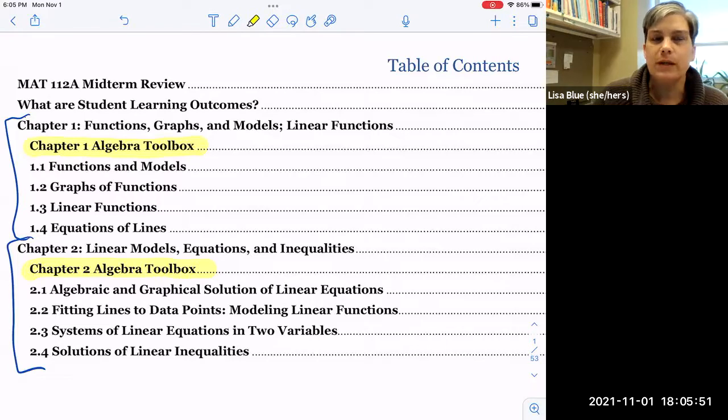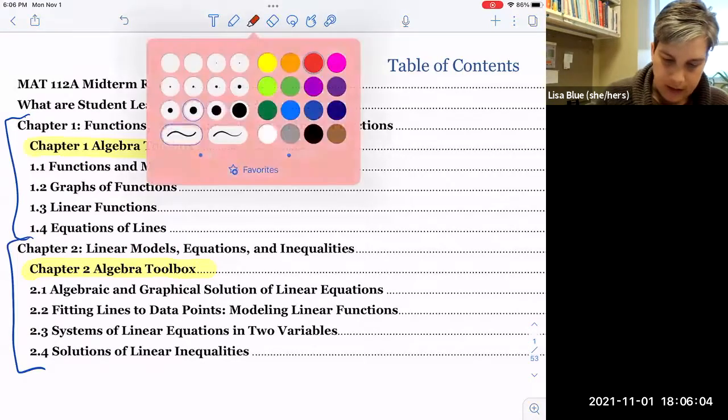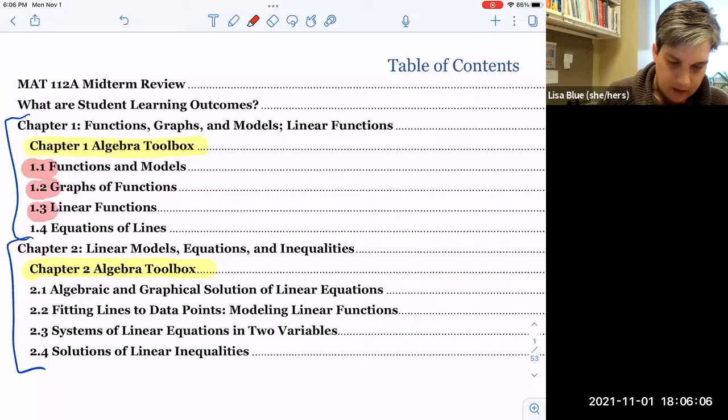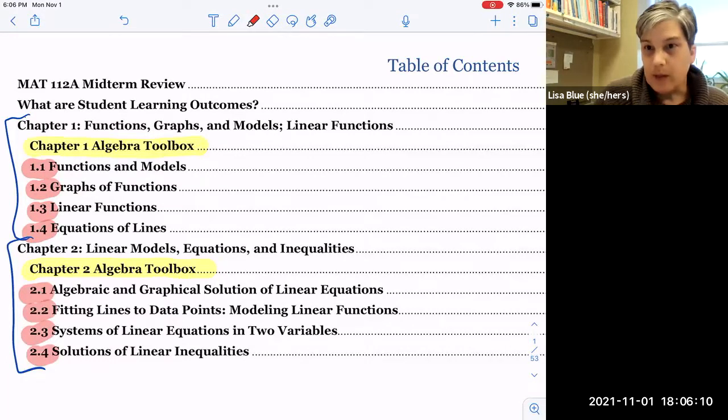And so if you're struggling with any of those foundational concepts, it's a good time to go ahead and get those figured out so that they're not messing up the current concepts. So accordingly, I'm going to focus on these 8 sections this evening. And then time permitting, we can go back and hit concepts from the algebra toolbox if we need to.